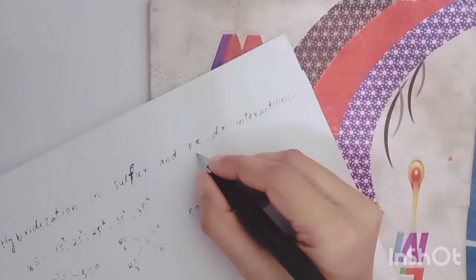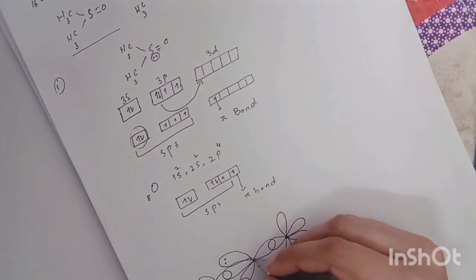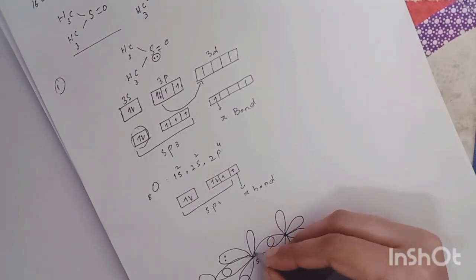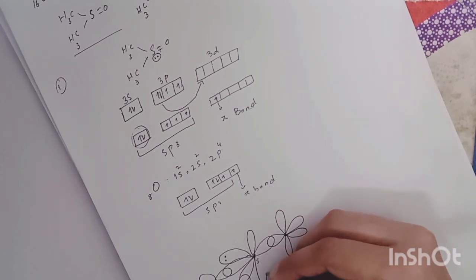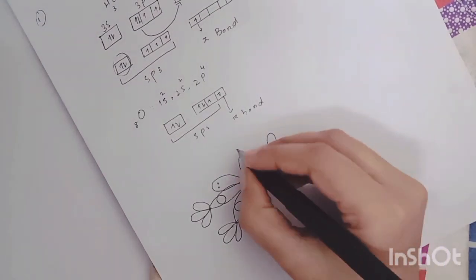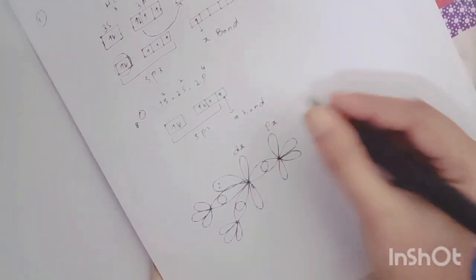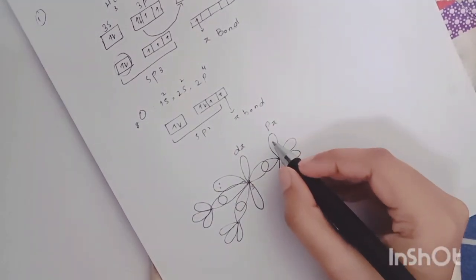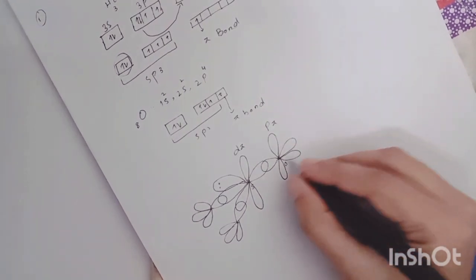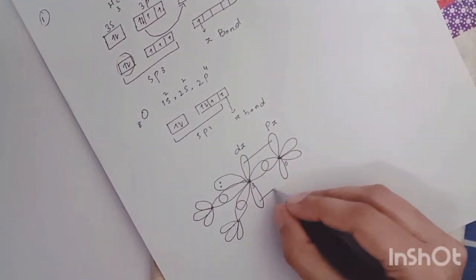The p-pi is for oxygen and d-pi is for sulfur. The d orbital of sulfur forms a pi bond with the p orbital of oxygen. This is d-pi and this is p-pi. The p orbital of oxygen forms a pi bond with the d orbital of sulfur.